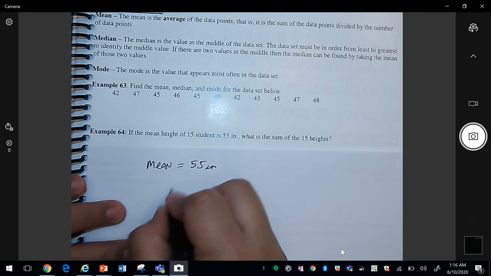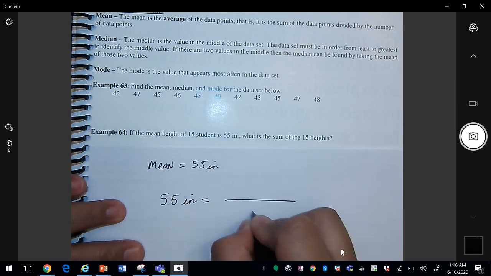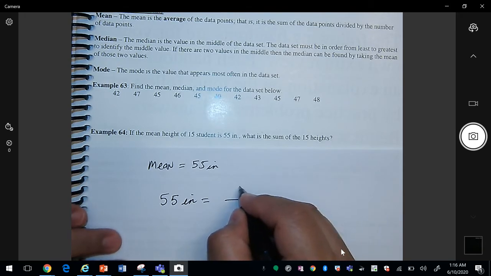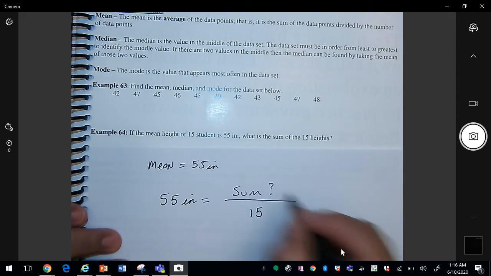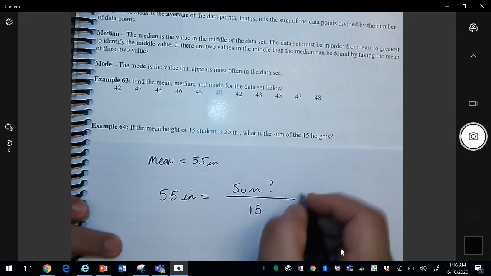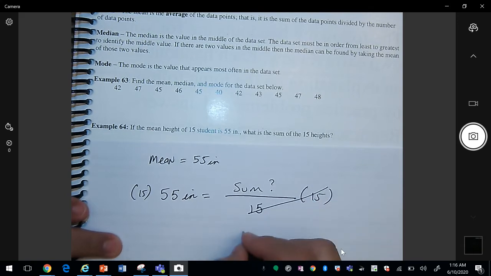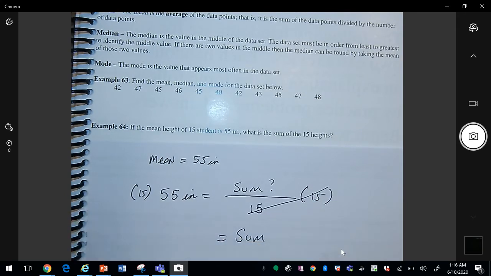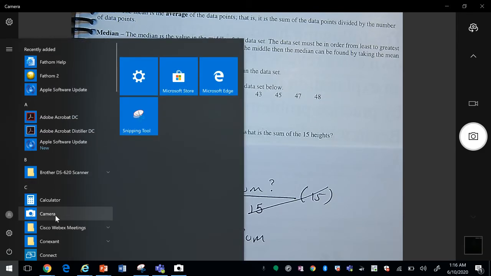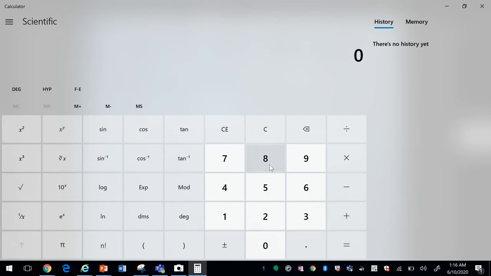So far we know that the mean is 55 inches and that there are 15 students. We're trying to figure out what the sum is. So we can multiply by 15 on both sides. That gives me that the sum is equal to 15 times 55, which is 825.